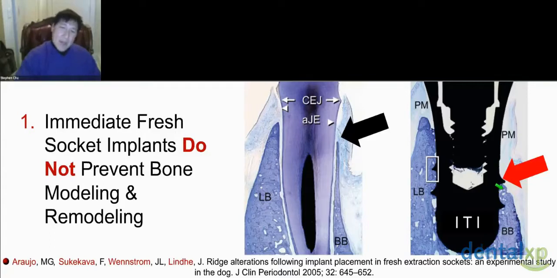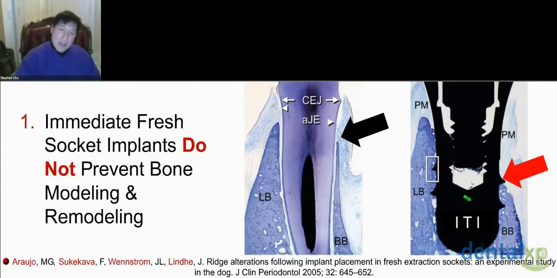Now, in the previous case report we showed you, remember we didn't have any loss of the vertical height of the buccal plate. This paper is well quoted, but it's a little bit misleading for the following reason. Note that the implant they selected is larger than the tooth that was extracted. If you have an implant that's larger than the tooth extracted, Kaneba showed that you will lose that buccal plate in height.